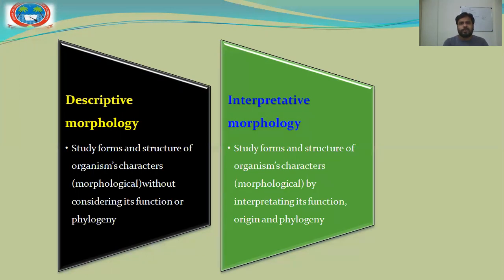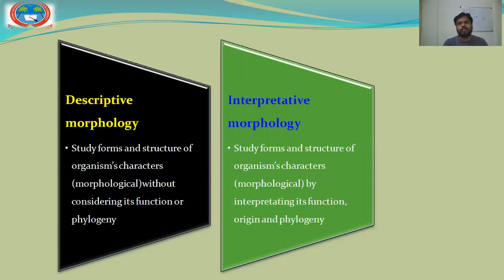Now descriptive morphology, as the name indicates, means we are describing the external characteristics of the organism. In descriptive morphology, we study the forms and the structure of the organs of the organism. What characters are externally shown by the organisms is studied without considering its function, its origin or its phylogeny, from where it originates. We don't bother about its origin or its phylogeny.